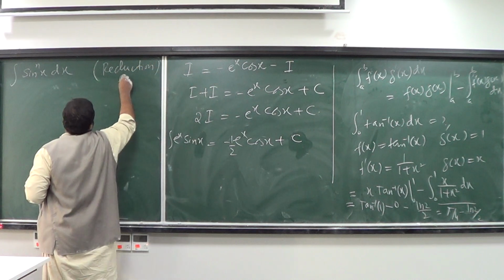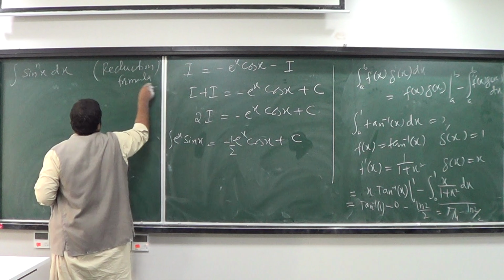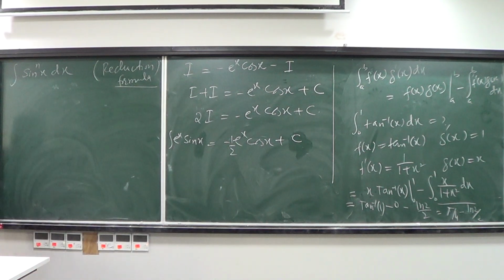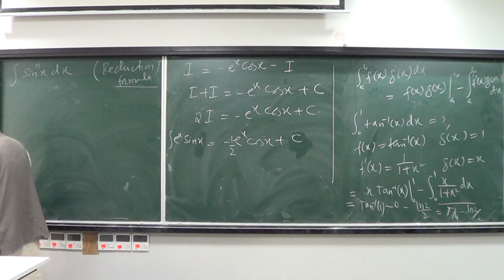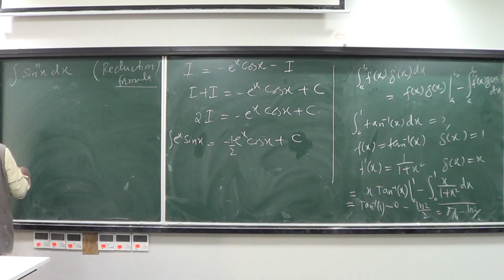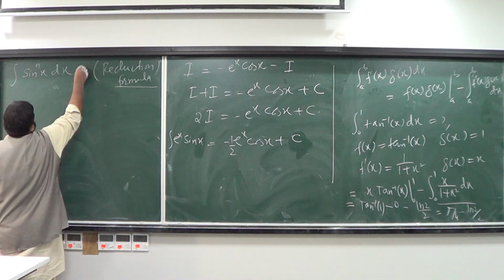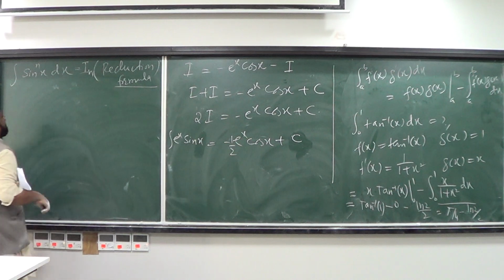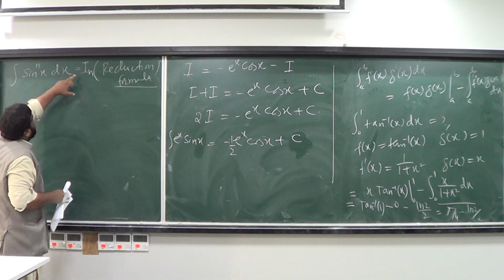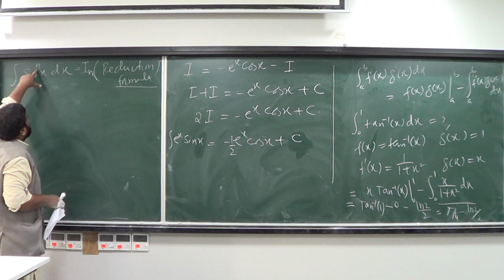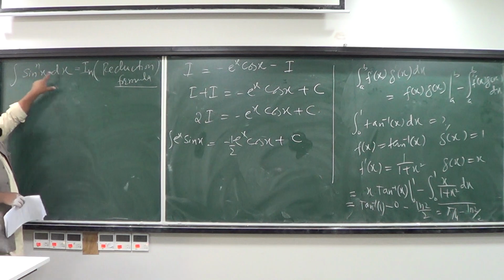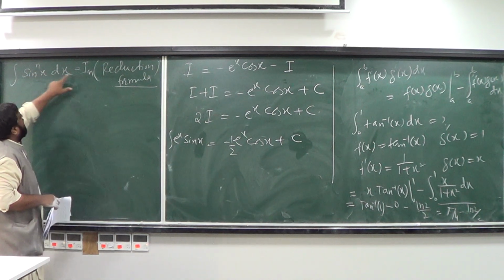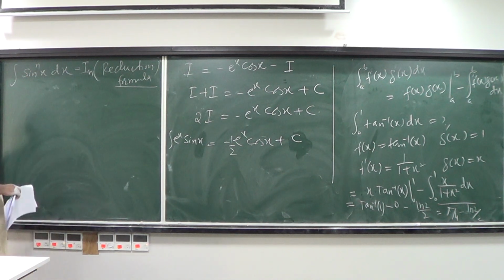They are in the exercises. I'm deriving one, so you have to derive the other ones. For the sake of simplicity, let me give it a name I n. If there is a power n on it, I am giving the integral of sine power n dx the name I n. So if this will be 3, I'll put a 3 here. If this will be 4, I'll put a 4 here.